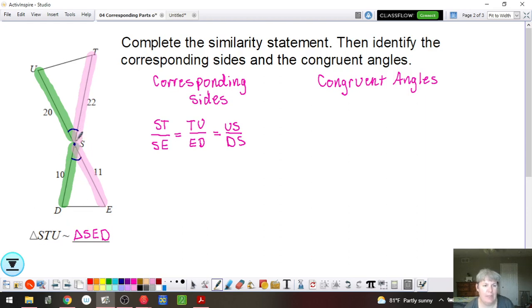So to name angles that share a point, we need to use 3 points. So in this case, it's going to be angle DSE is congruent to angle UST.